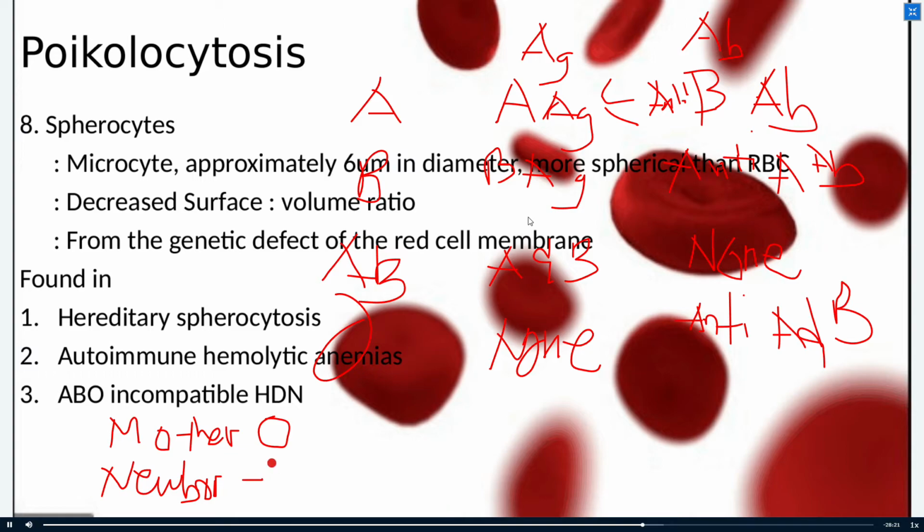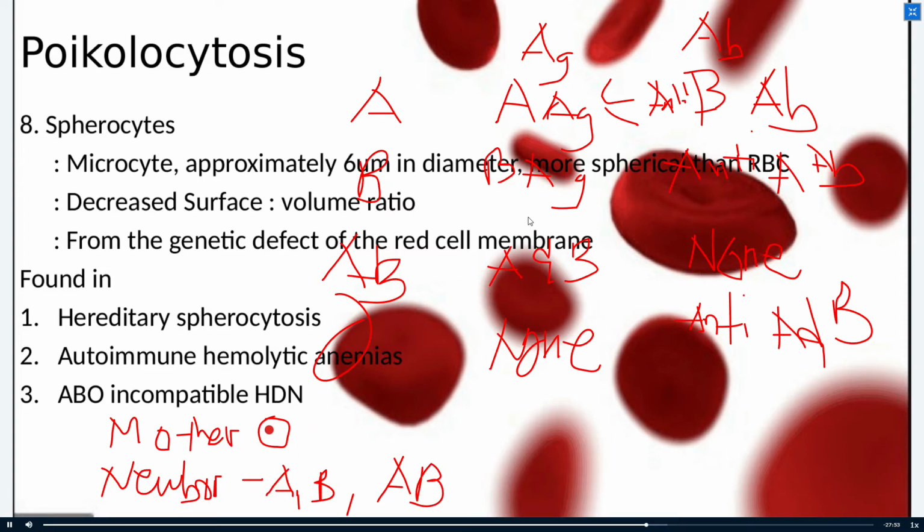Sa tinanong ko, kakaturo ko lang sa inyo. What's the possible blood type for your newborn? Para mangyari yung ano, para atakihin ng ano. So, pwedeng blood type A, pwedeng blood type B, pwedeng blood type AB.